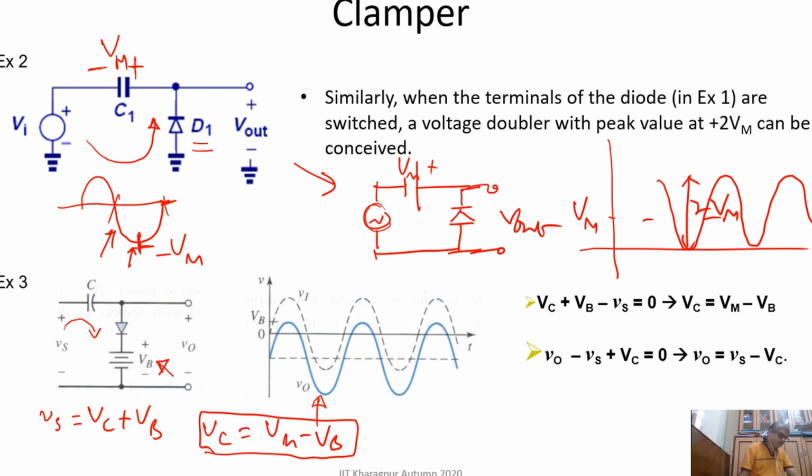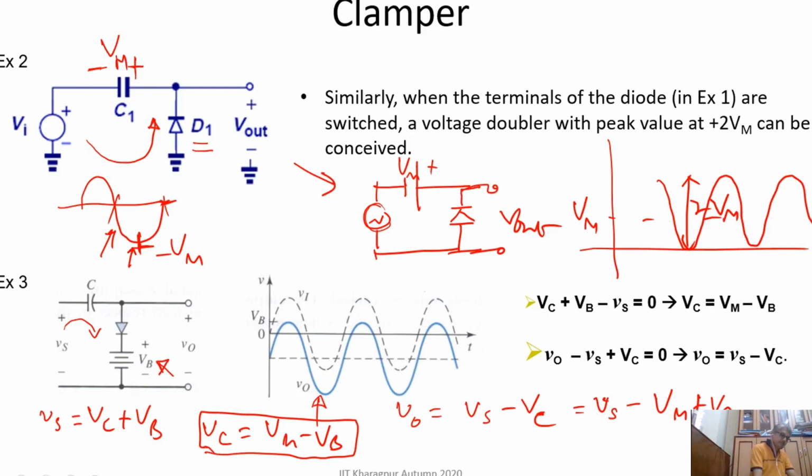Now we can find V0, the output voltage, that is Vs minus Vc, and we can replace Vc with Vm minus Vb. That is minus Vm plus Vb.